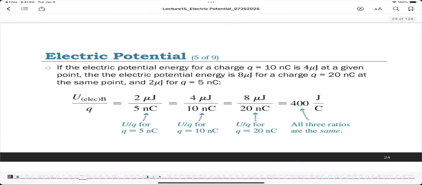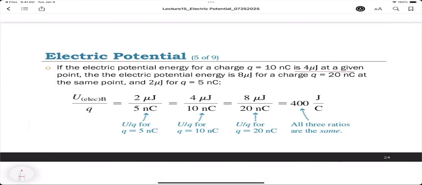If the electrical potential energy for a charge q equal 10 nC is 4 μJ at a given point, the electrical potential energy is 8 μJ for a charge q equal 20 nC, because it will be twice at the same point.